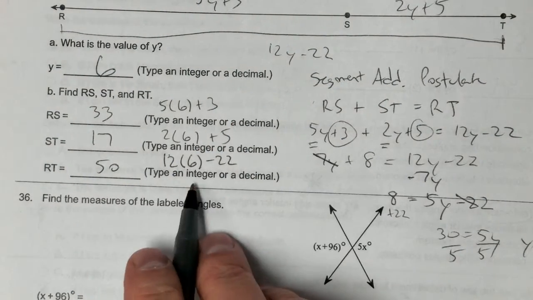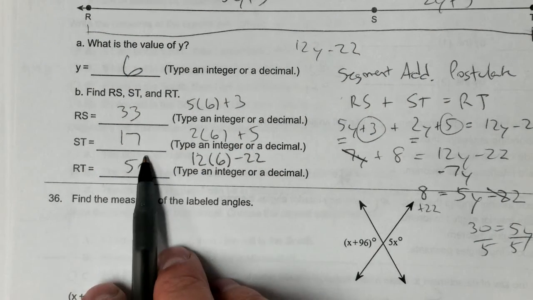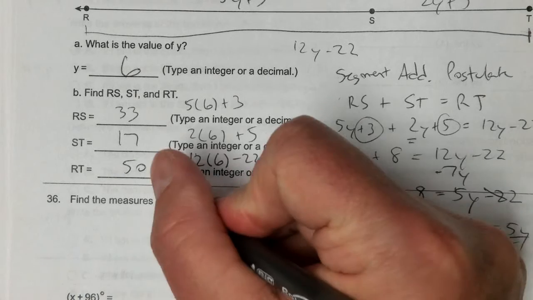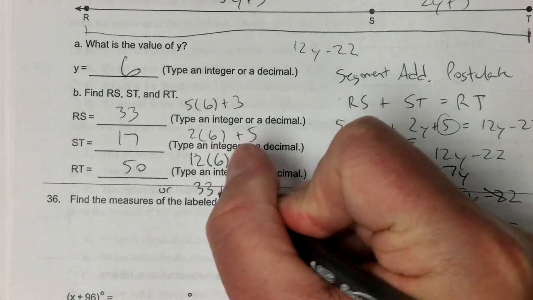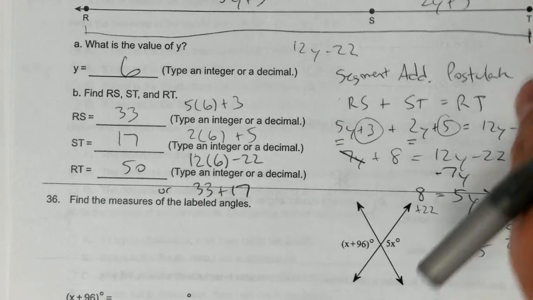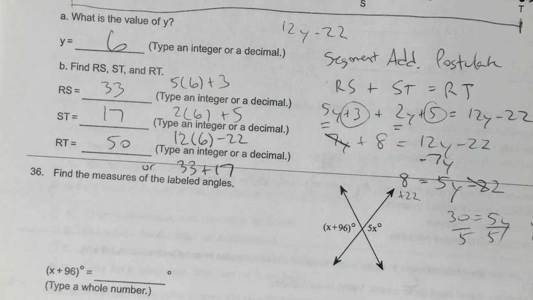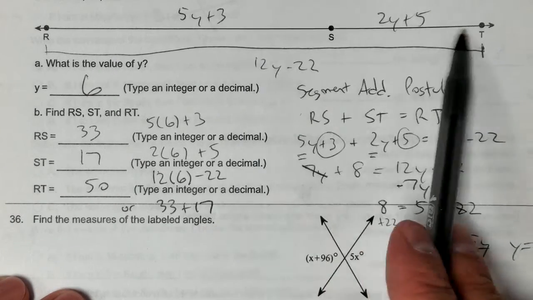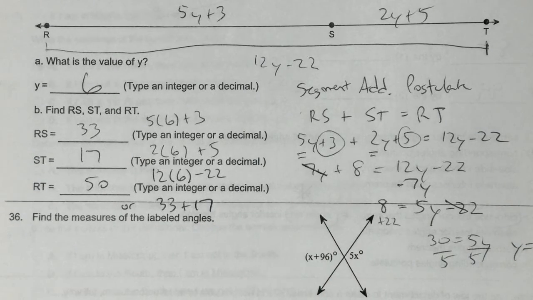And the other way is to do 33 plus 17, and they add up to 50. So there are two different ways to get it, to make sure you did it right. Because basically you're doing, in this case, medium plus small equal large.